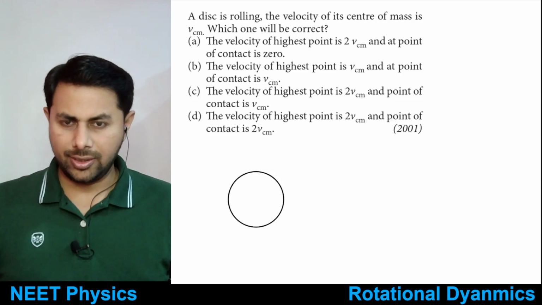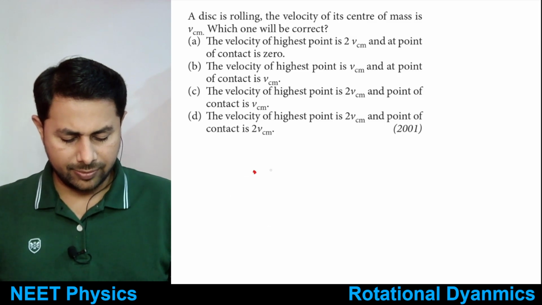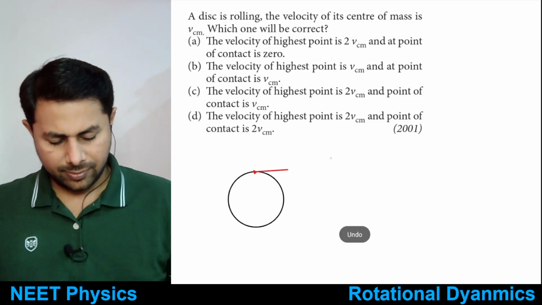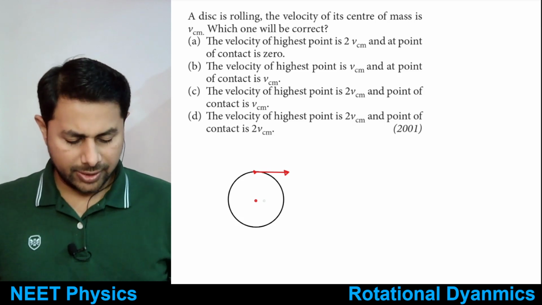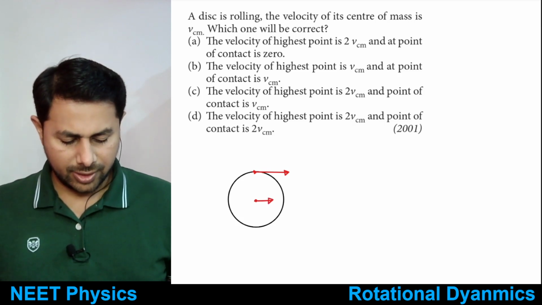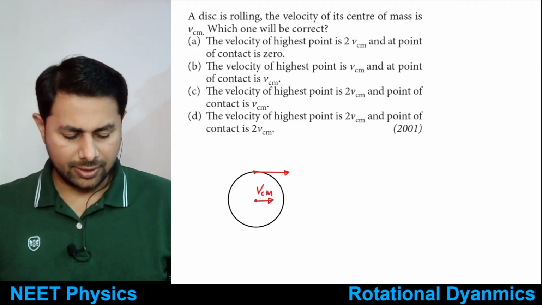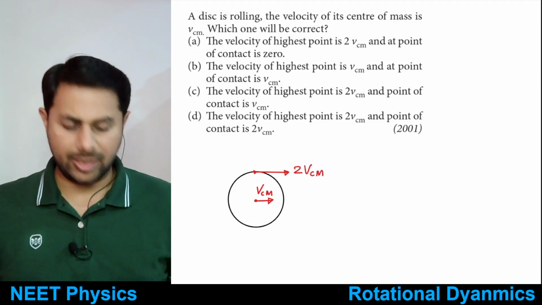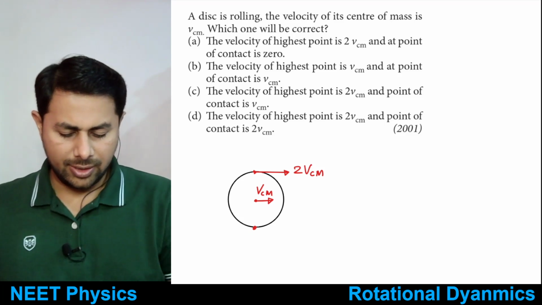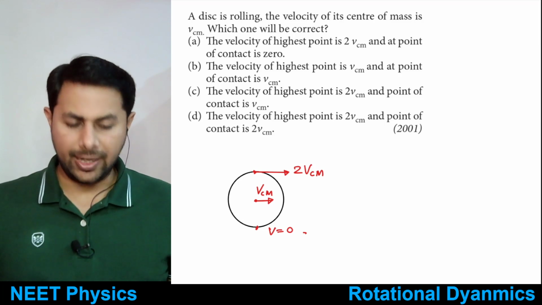We have seen this thing. A disk is rolling, then velocity of this topmost point is equal to what? So this is the center of mass. Its velocity is equal to velocity of center of mass, right? Velocity of this topmost point is 2 times velocity of center of mass, and the point of contact is at rest.